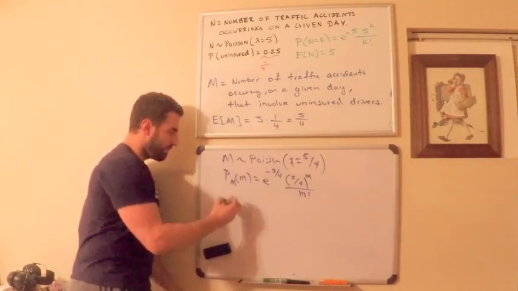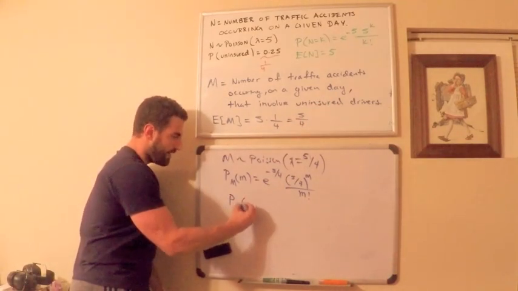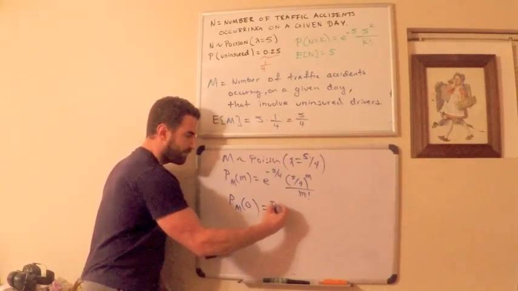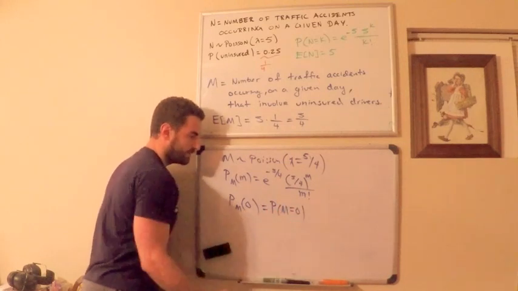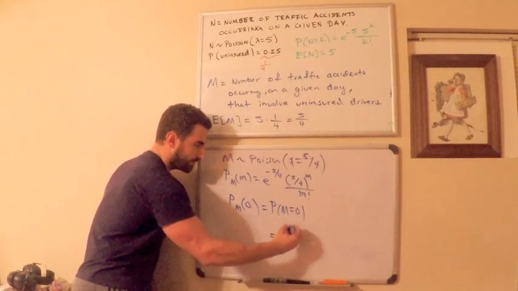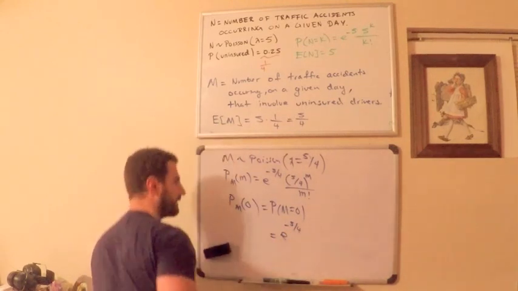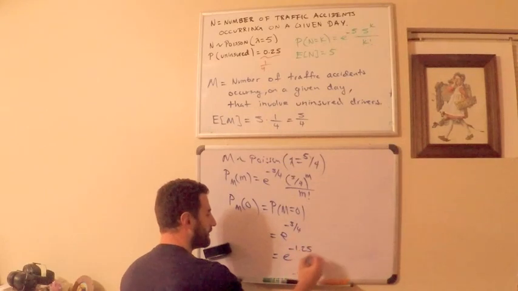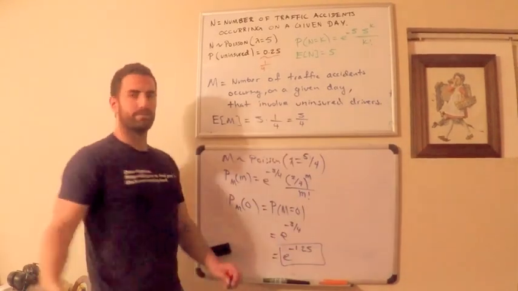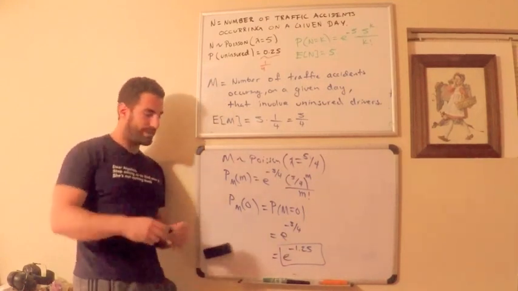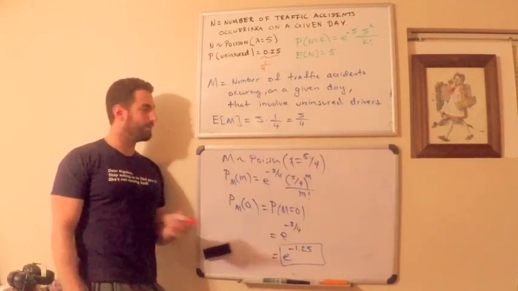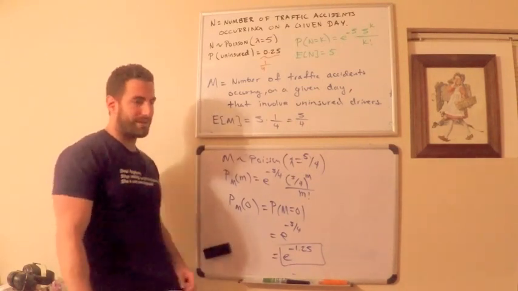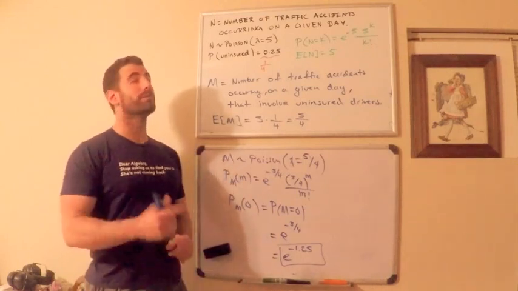So we want the probability that m is 0. This is equal to e to the negative 5/4. But wait a minute, we know how to convert fractions. This is e to the negative 1.25. Same answer as before. Again, I was shocked at myself for coming up with this, but it is less confusing than using the law of total probability.